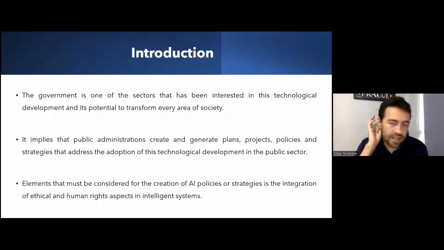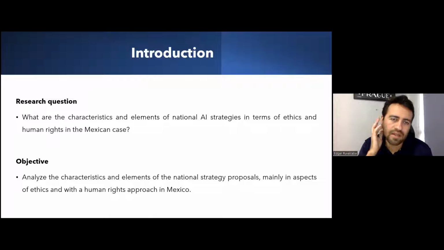Please, the next one, Victor. Just to finish my intervention, I would like to say what the research question was, the guide of the research: what are the characteristics and elements of the national strategy in terms of ethics and human rights in the Mexican national case?